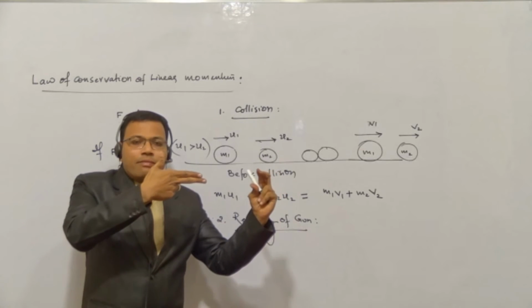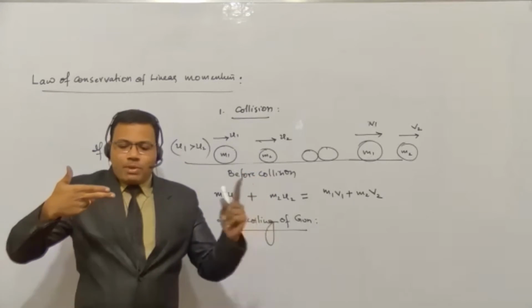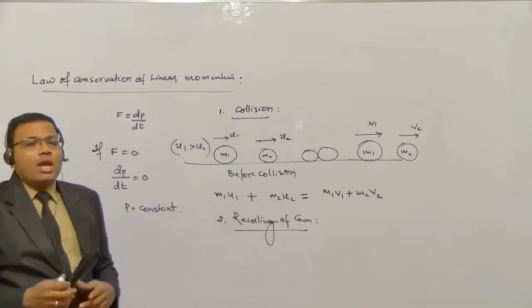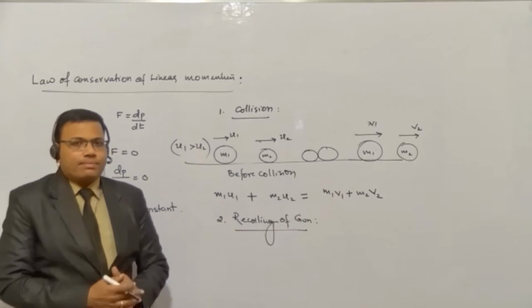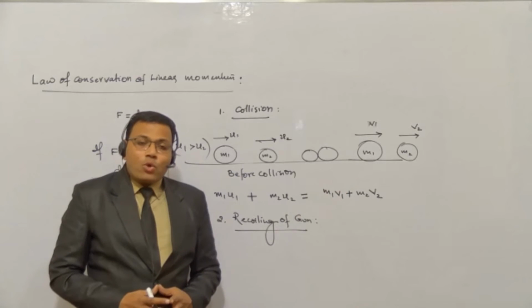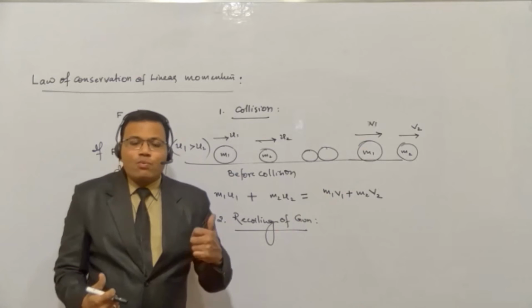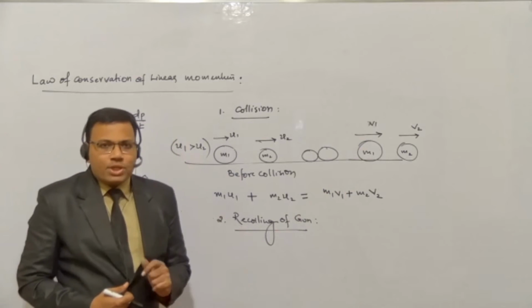The gun will have a backward kick like this. So the bullet moves forward and the gun takes a backward kick, and that backward kick we call the recoiling of the gun. Recoiling of the gun is the movement of the gun in the backward direction once it is fired. I hope it is clear.